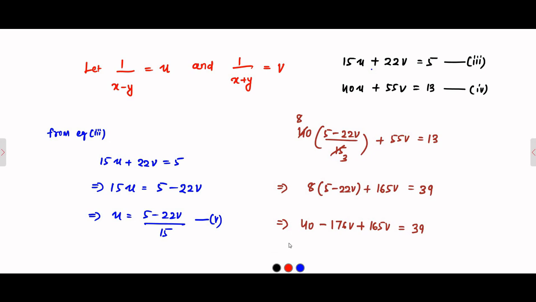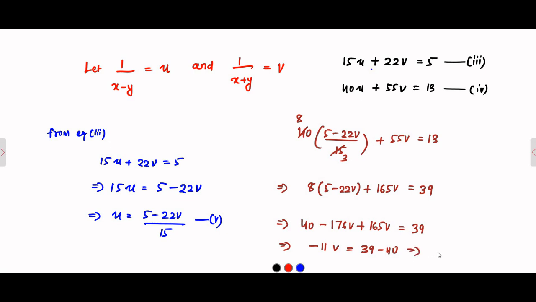Okay, so that implies minus 176v plus 165v, that is minus 11v, is equal to 39 minus 40.